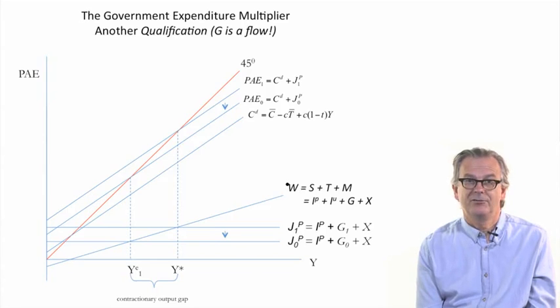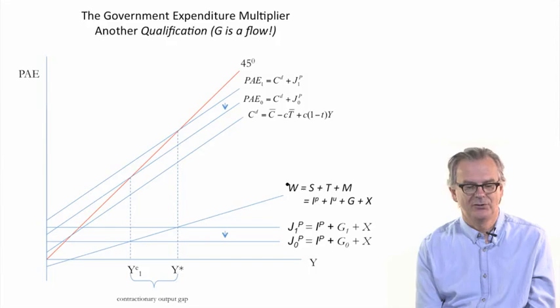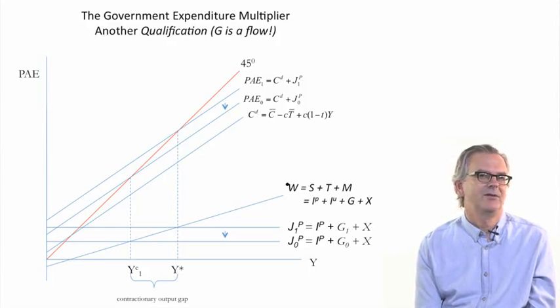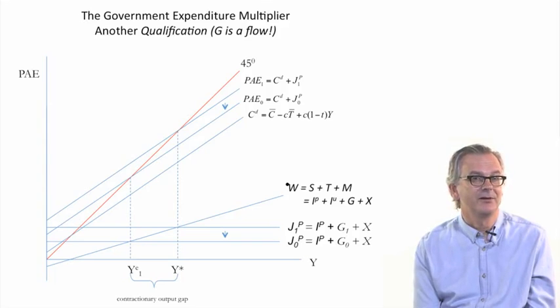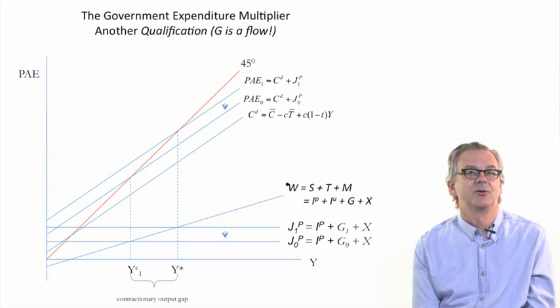So it's kind of foolish to think about a one-off increase in government expenditure as being the solution to a contractionary output gap. Because if you increase government expenditure, let's say for one period, and then not keep that increase going in subsequent periods, then it's as if you hadn't done it at all. It's a flow. It exists for a finite period of time.